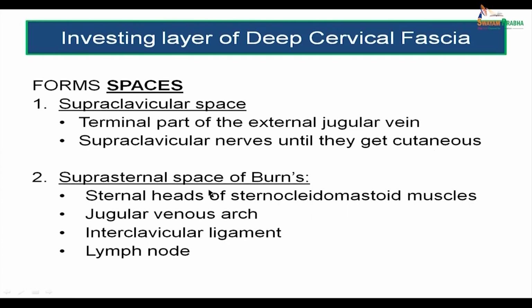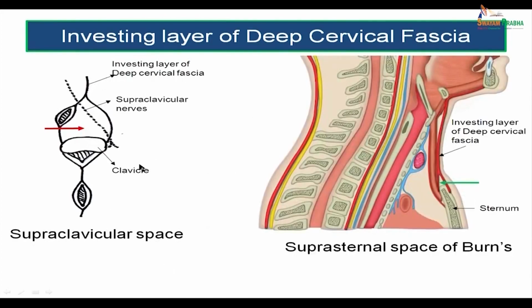The suprasternal space of Burns contains the sternal heads of the sternocleidomastoid muscle, the jugular venous arch, the interclavicular ligament and a lymph node.